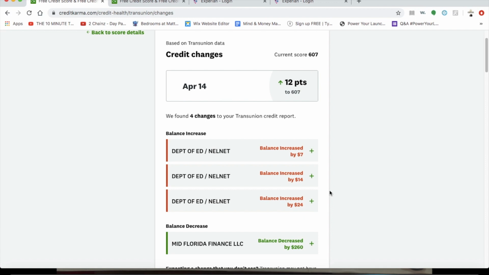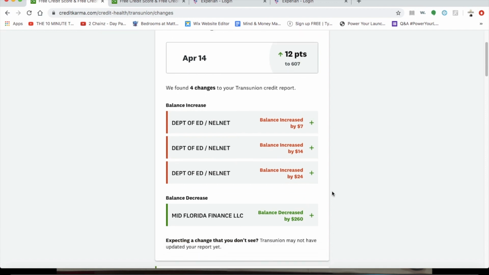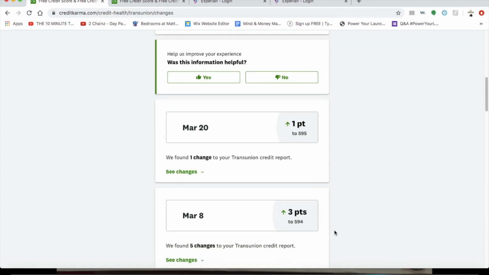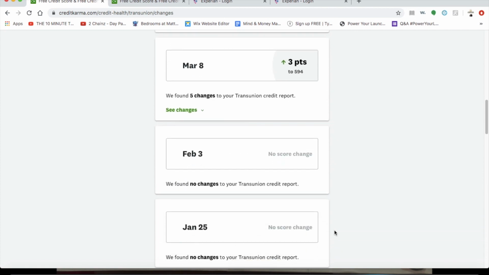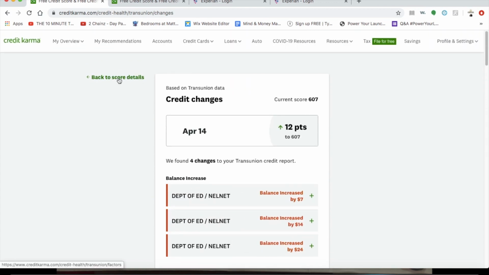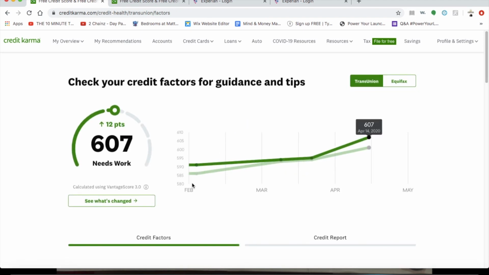Has it been the same, stagnant for a while? And it'll kind of give you fluctuational points from there, right? But when your balance decreases, of course, you're going to see that in green. When it increases, you see it in red. So this helps you understand, hey, my points went up, my points went down. Why? Right? And you'll know exactly what parts of your strategy you may need to implement or change, right?